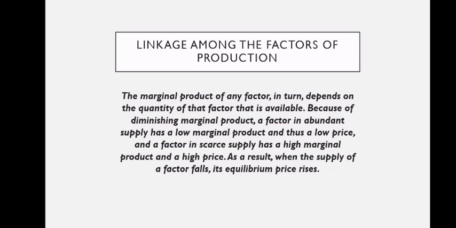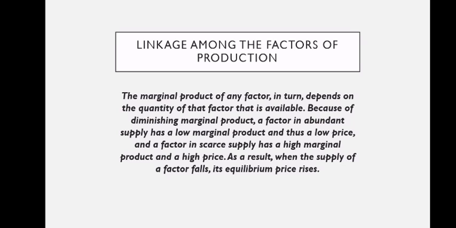Therefore, when some event changes the supply of any one factor of production, it will typically affect not only the earnings of that factor but also the earnings of all the other factors as well.